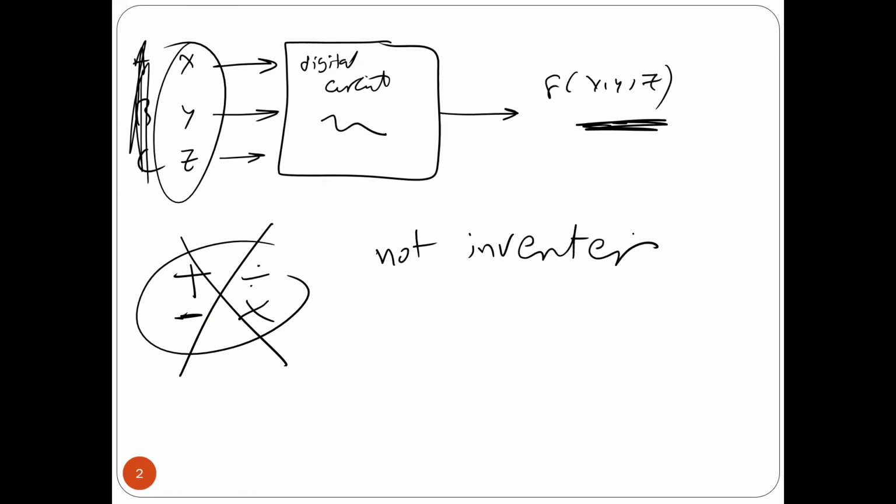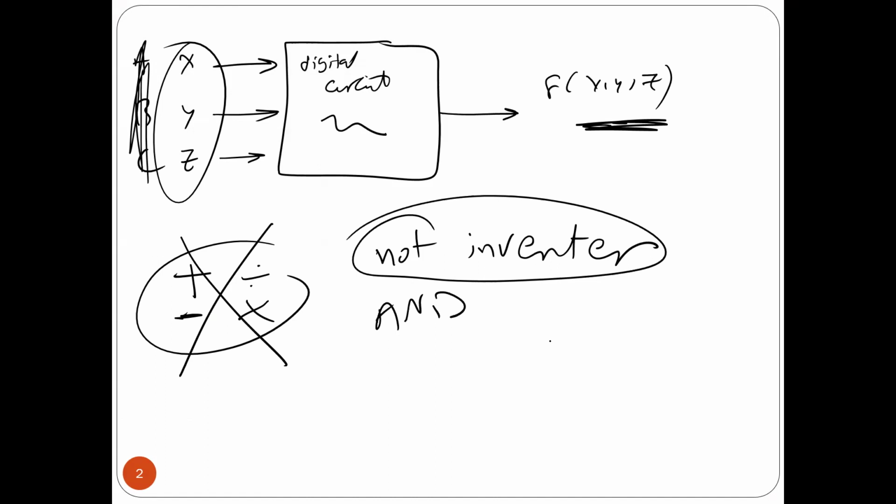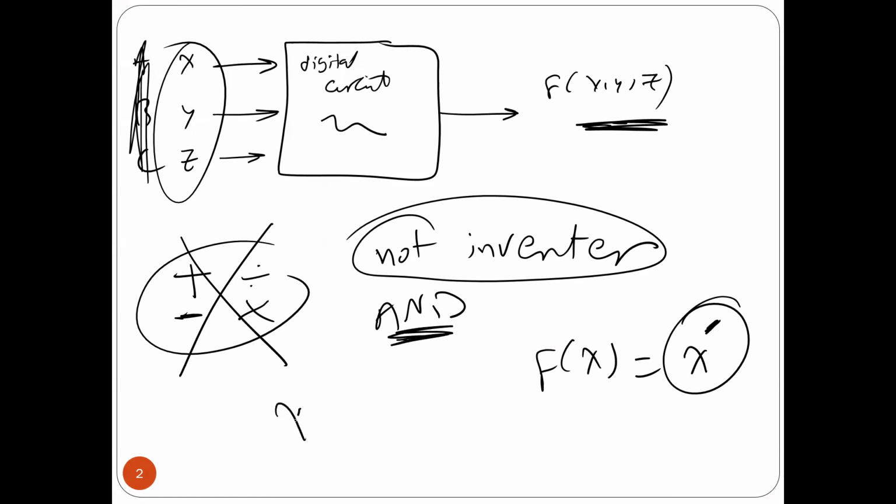The second operation is AND. From NOT, for example, I can say f of x equals x prime. This prime means inverter, as I told you last time. Same thing we have here AND. Usually for AND, I say xy, or sometimes x dot y. So sometimes we put the dot, sometimes we don't.